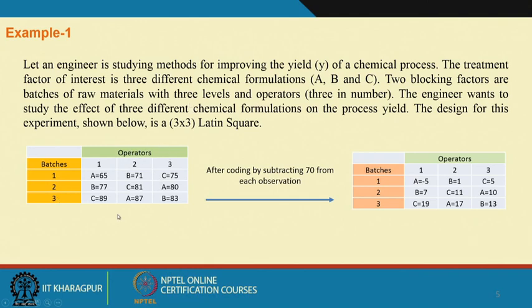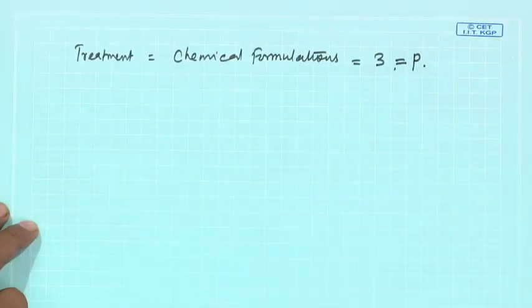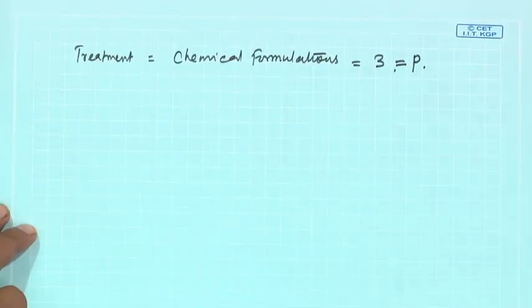So, we have treatment, chemical formulation, how many? 3 in number, so p equal to 3.